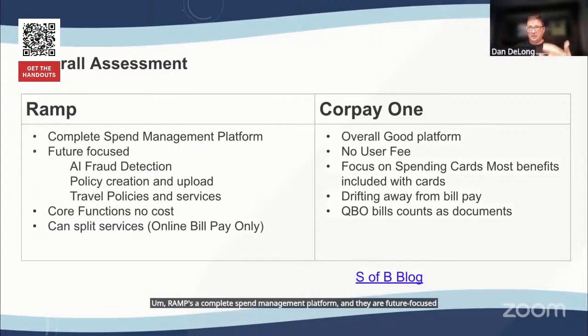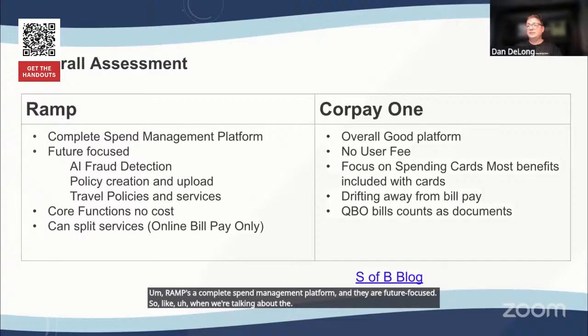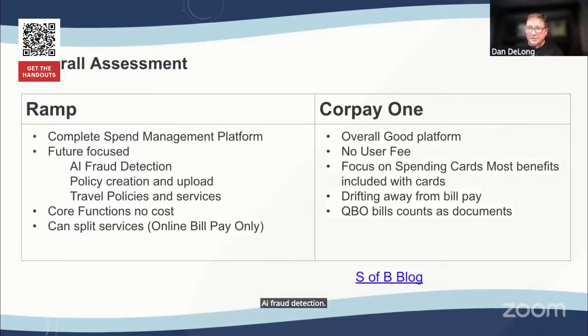When we're talking about the AI fraud detection, policy creation and uploads, travel policies and those services, the core functions for your clients are at no cost, even the transactional fees. And you can split the services, so you don't have to do all or nothing. You could just use it for a bill payment platform as opposed to card management.